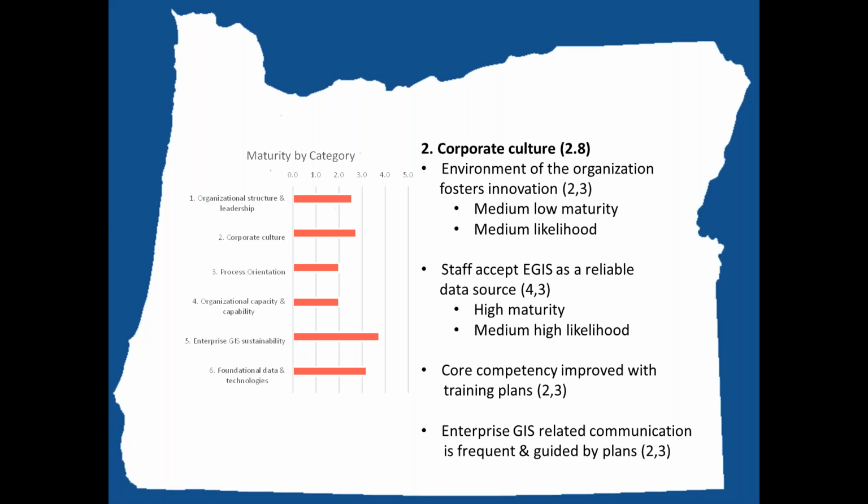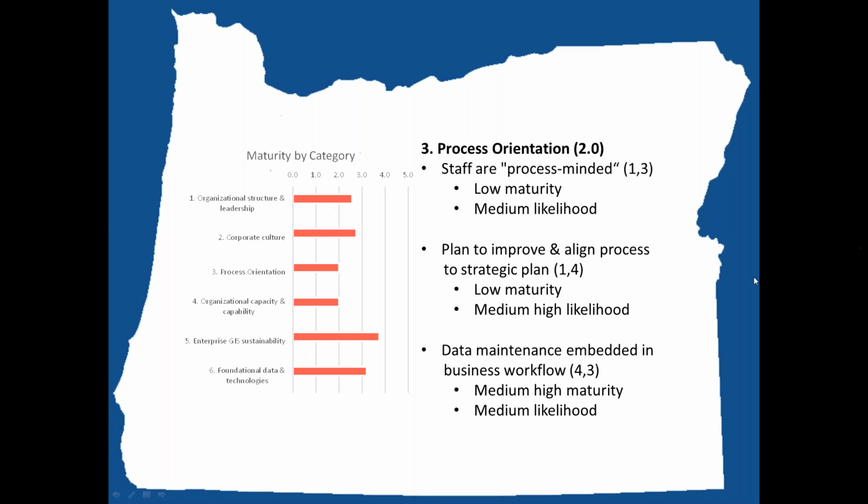So the next section, 3, process orientation. This is among our lowest here. So as far as staff being process minded, the staff here started out, we'll go back 20 years, as pretty much a CAD shop, MicroStation, updating city county maps, creating the inventory for the highways and the functional class roads.